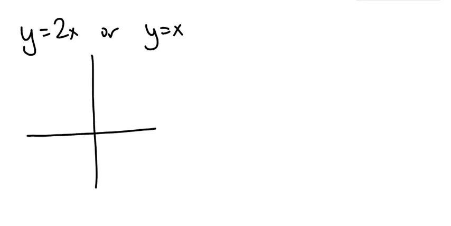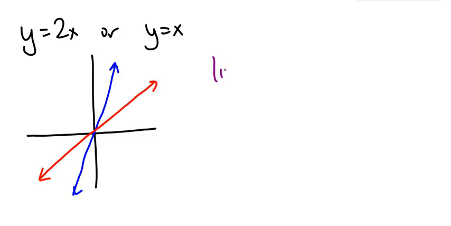Because this is going to happen, you're going to say to yourself, well, I know how this goes. This is 2x, and this is x, so obviously 2x grows faster than x, right? Except when you play this game, guess what that is?